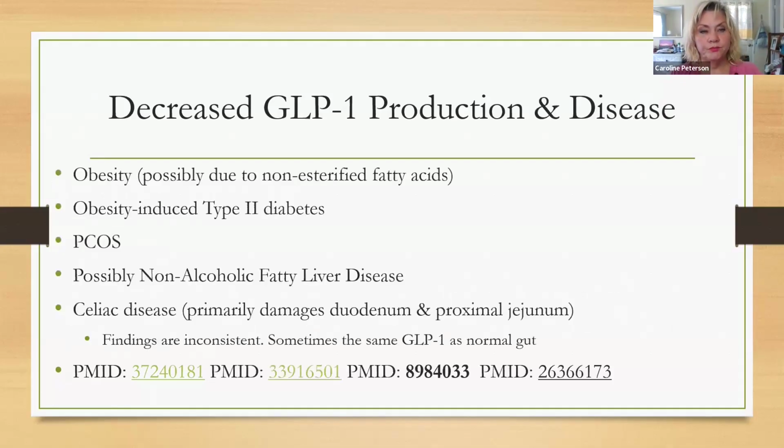That's awesome. But then why do we have decreased GLP-1 production if there's obesity or diabetes, PCOS, the fatty liver disease? Why does it happen with that?